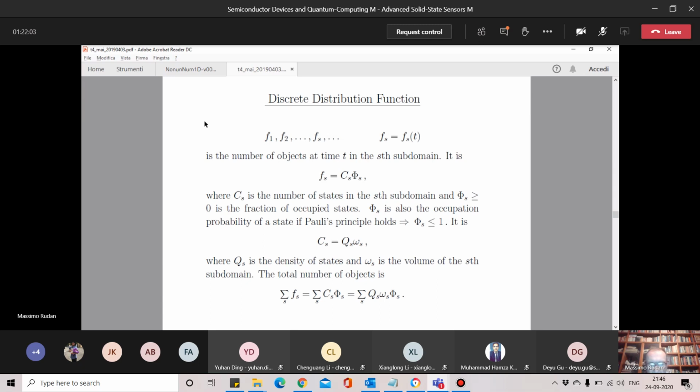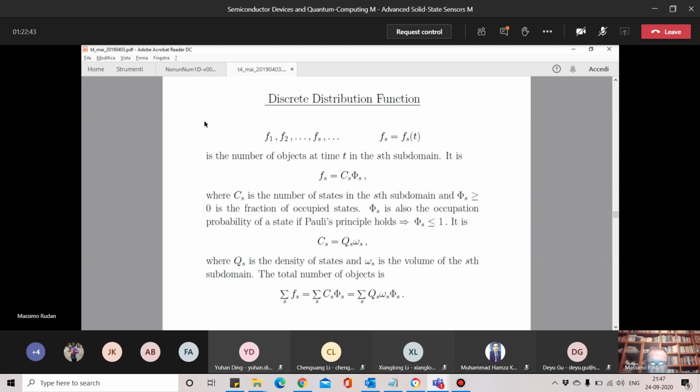So if we consider a system of fermions that is not in the equilibrium condition, we use the distribution function. If the system of fermions goes to equilibrium, then the distribution function transforms into the Fermi statistics. So the Fermi statistics may be considered as a subcase applicable only in the equilibrium condition of the more general concept of distribution function.